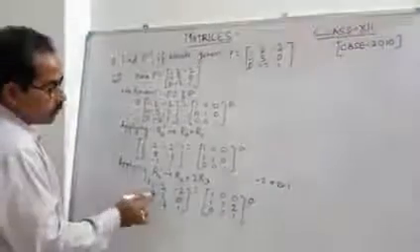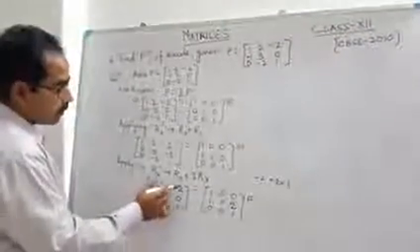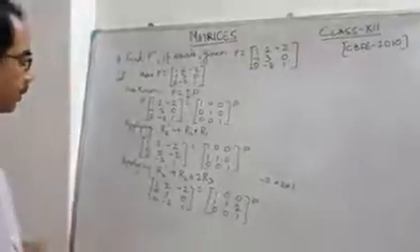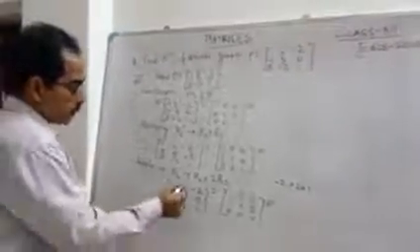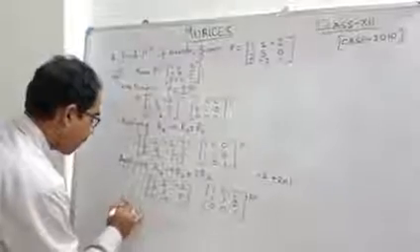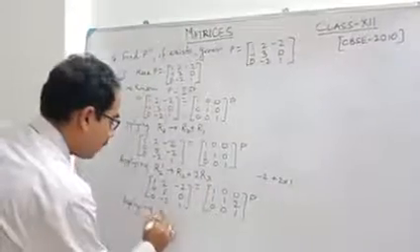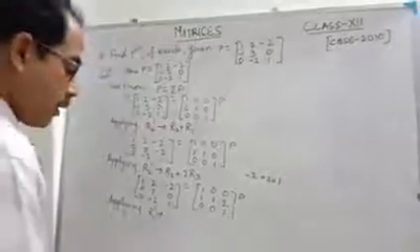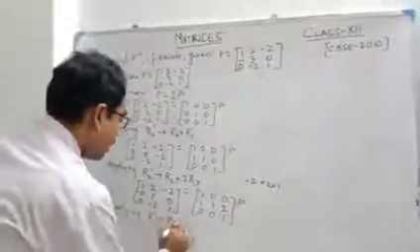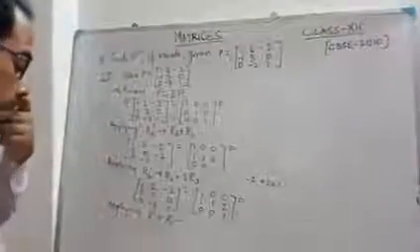So now this one we have to make 0, this one we have to make 0, this one we have to make 0. So what will you do? Apply once again R1 prime tends to R1 minus 2R2.